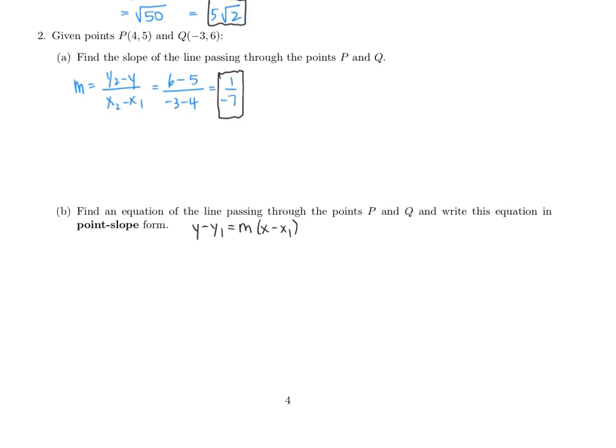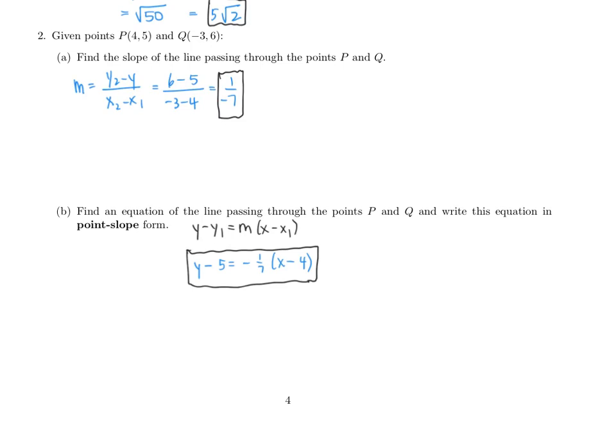So y sub 1 and x sub 1 are one of the points. You can pick a point. So we can pick point P, and then m is the slope that you found in part A. So that would be y minus y sub 1, which is 5, equals m, -1/7, times x minus x sub 1, which is 4. Since they want it in point slope form, that is your answer. You don't have to do anything to transform it at all.